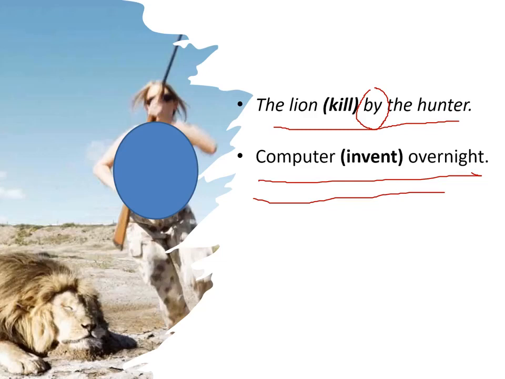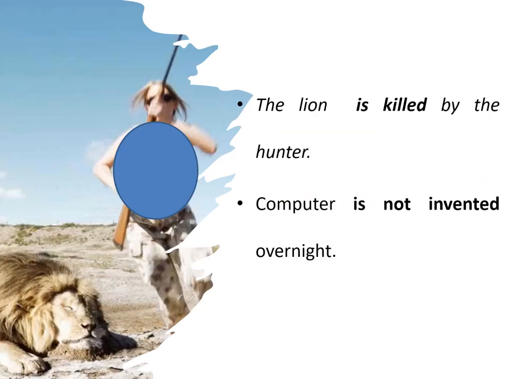I mean, computer is not invented overnight. So my dear students, look at this sentence. You have to understand the meaning before correcting the word. So as I have already said, the lion is killed by the hunter, and the computer is not invented overnight.